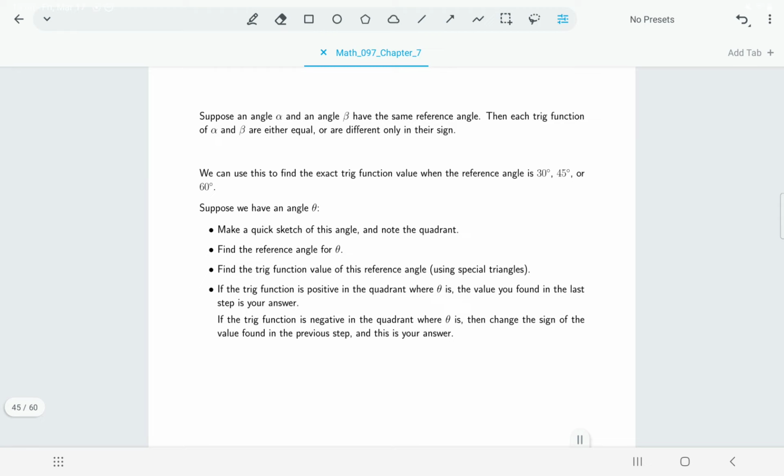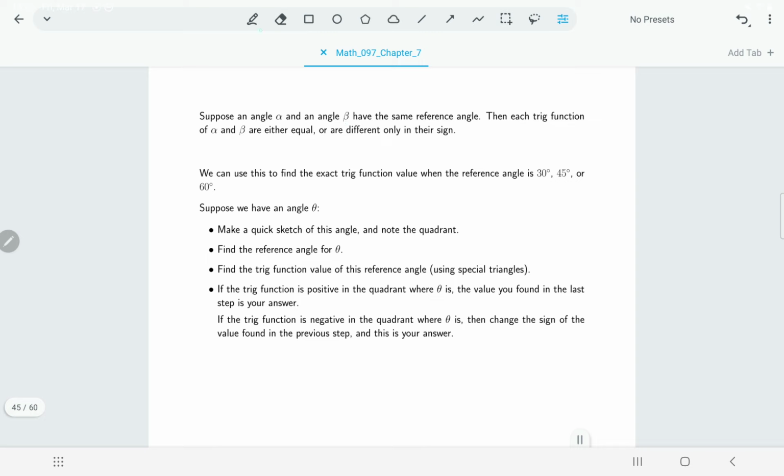So the idea behind this is that if you have 2 angles, and if the 2 angles have the same reference angle, then one of 2 things happens. Either the trig functions are equal to each other at that angle, or they have the opposite sign.